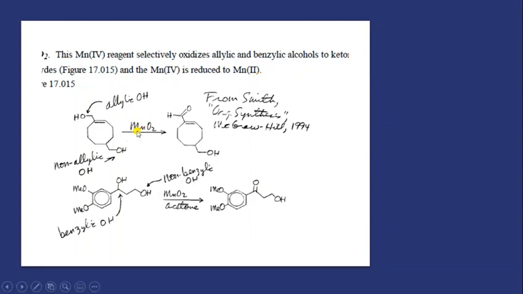Just look at the structure and think about it. You can see that this reaction is again a selective reaction, because the reactant has more than one site for attack, and ultimately the reaction occurs at only one site.